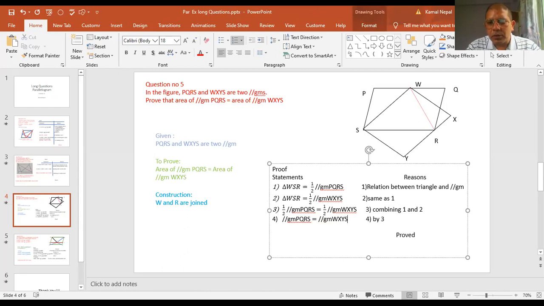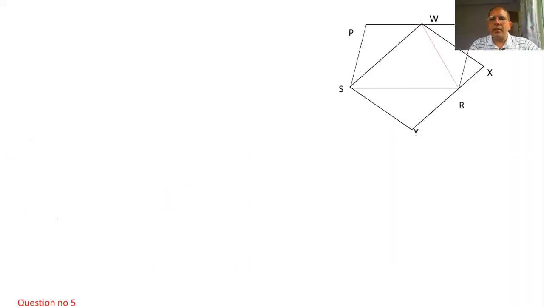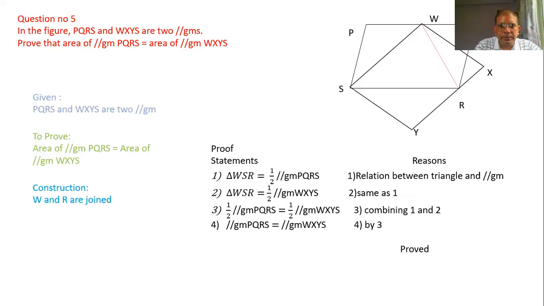So if we combine results 1 and 2, then you will get that the area of parallelogram PQRS is equal to the area of parallelogram WXYS. So you can prove this. You can also draw this in a different figure, then it will be easy for you to understand.